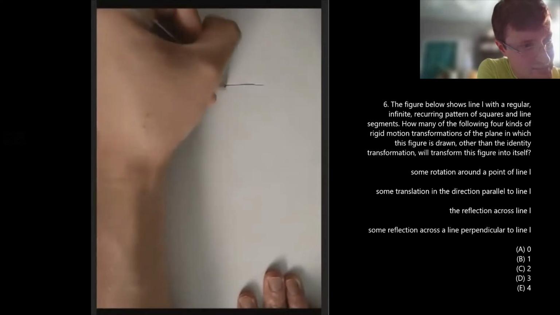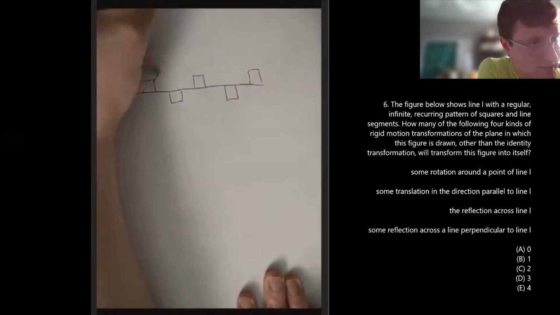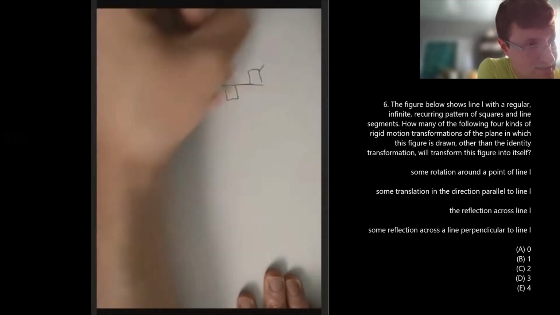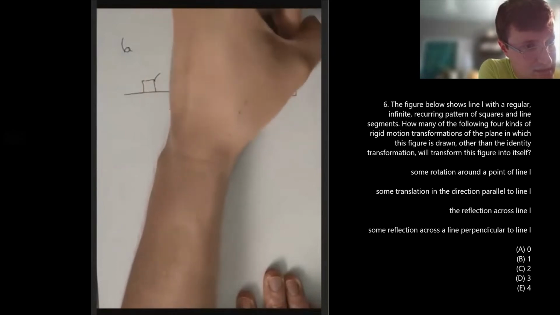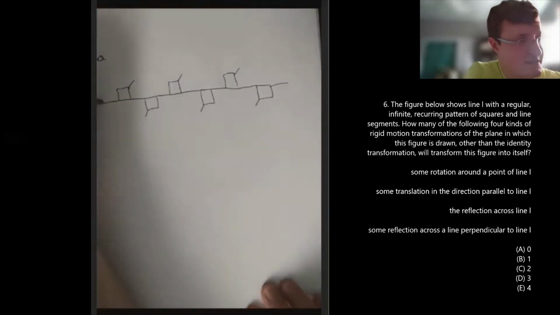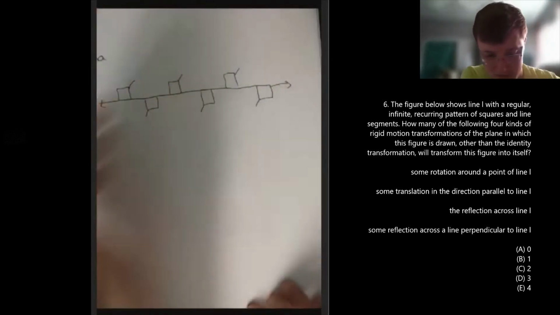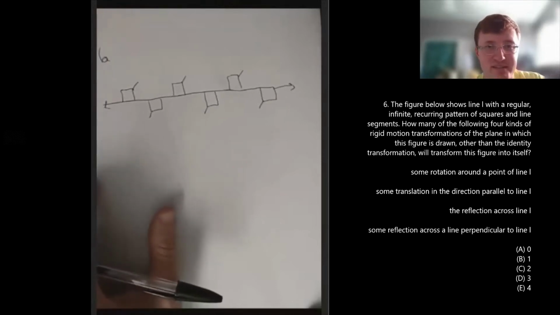So they're evenly spaced and alternating. And they've got these weird line segments coming out. Okay, and it goes off infinitely in both directions. And we want to know which transformations other than the identity will map the figure to itself.